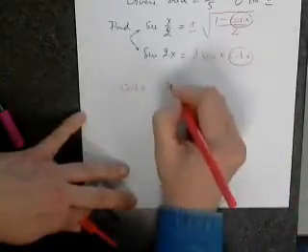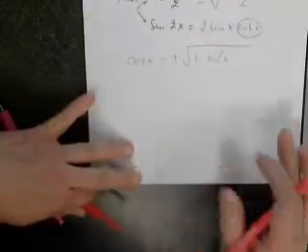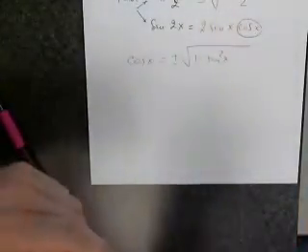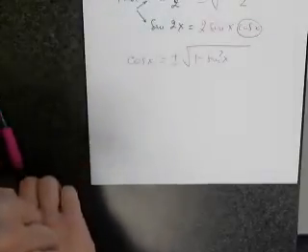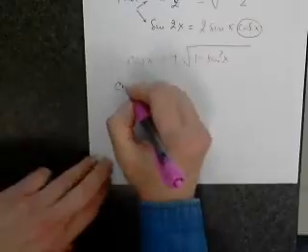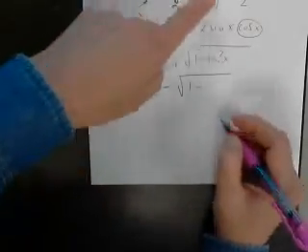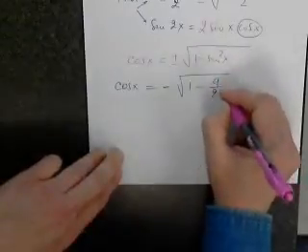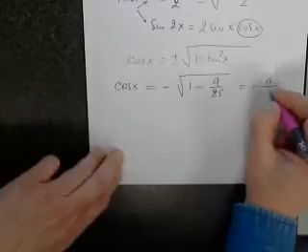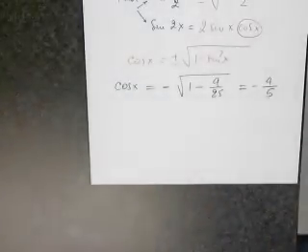As I know, it is plus or minus the square root of 1 minus sine squared. However, for theta in the second quadrant it is not plus or minus, but only minus. So cosine x equals negative the square root of 1 minus, I square 3/5, 9 over 25, and I take the square root, 16, so negative 4 over 5. Now the problem is solved.